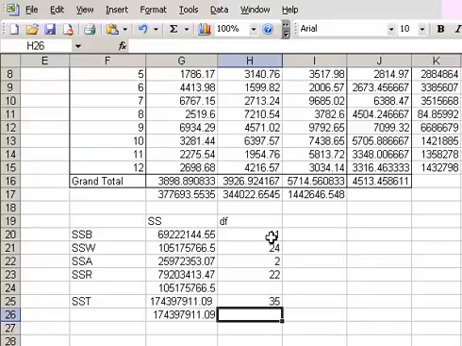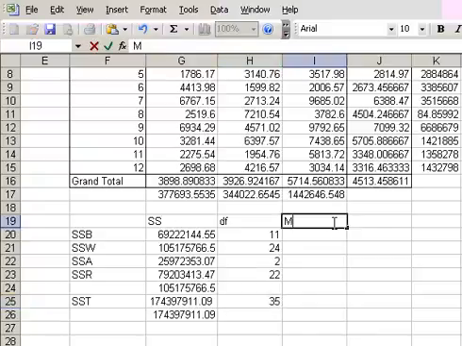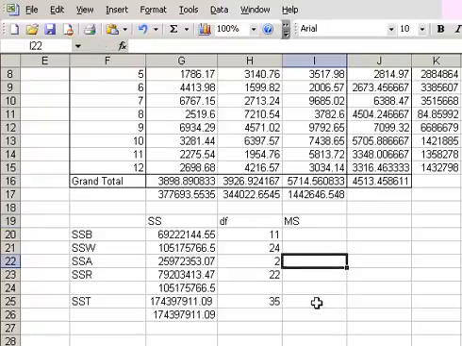The degrees of freedom between people and the degrees of freedom within people must add to the total degrees of freedom. Next, we will find the mean square values, which will be used in the computation of the f-test.